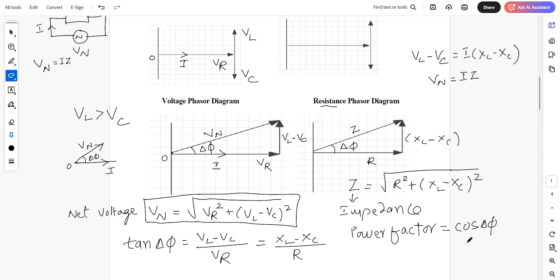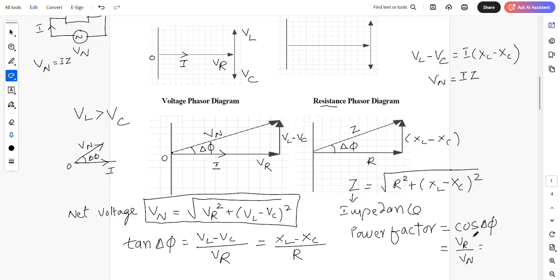Now if I observe cos of delta phi in the voltage phasor diagram, it is adjacent by hypotenuse, that is base by hypotenuse, VR by Vn.